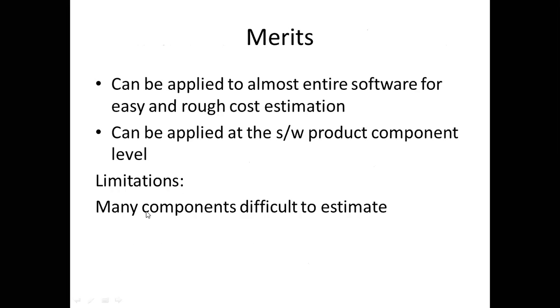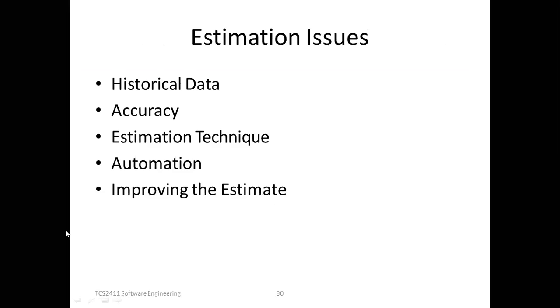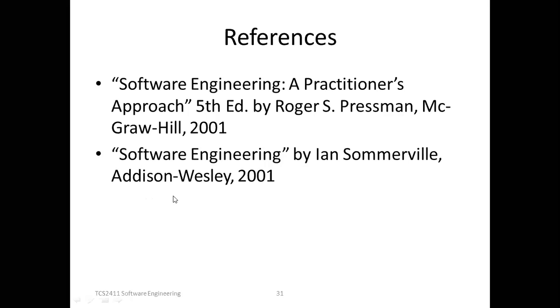It has limitations, like many components are difficult to estimate. Estimation issues in intermediate COCOMO are historical data, accuracy, estimation techniques may not be proper, automation may not be apt to that level, and there is a need to improve the estimate.